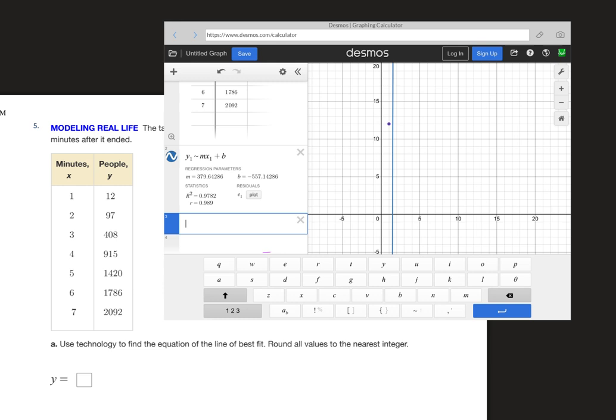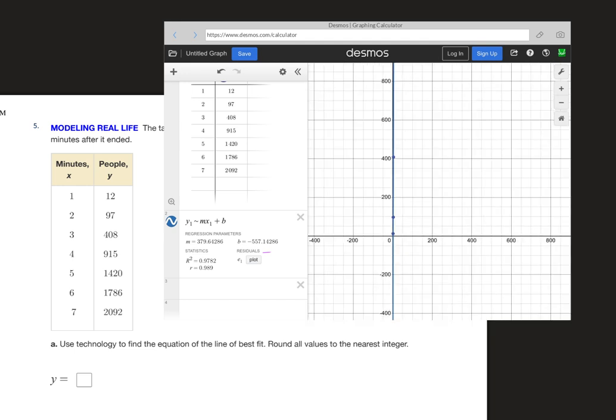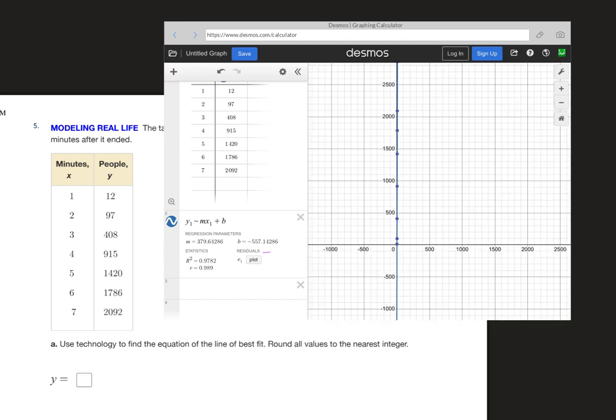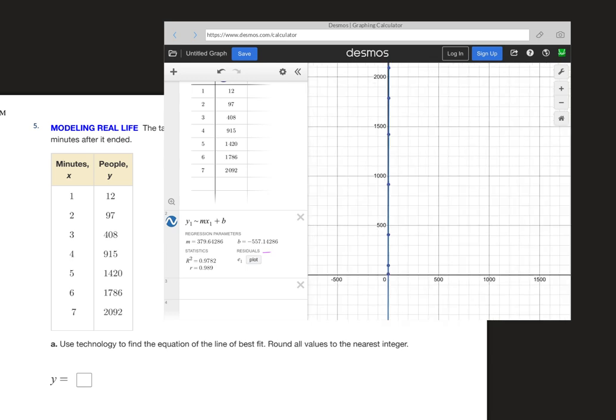So this next one is kind of funky because if you were to really try and look at the numbers, the information goes up to 2092. So if you were to check out that graph, it looks like they're all going straight up and down.